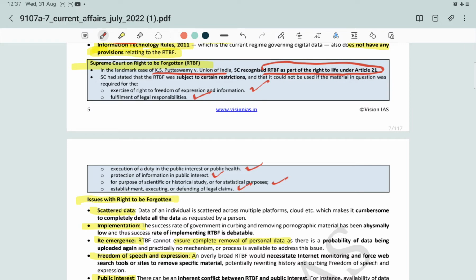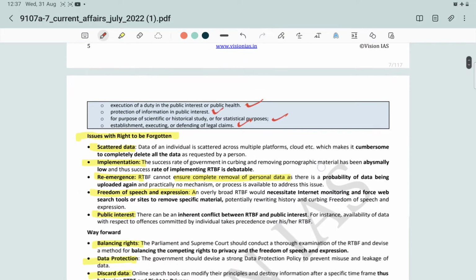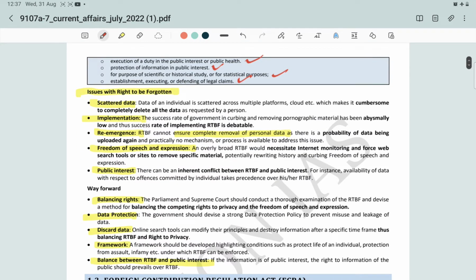And what are the issues with the right to be forgotten concept in India? Data of an individual is scattered across multiple platforms or clouds, which makes it cumbersome or next to impossible to completely delete all the data as requested by a person.